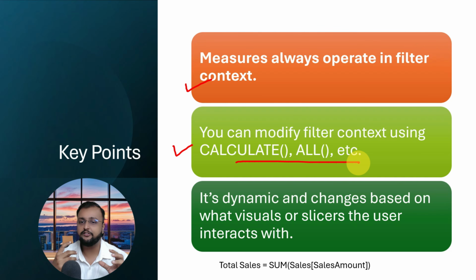At that time, you can use a function like ALL with CALCULATE, and this combination basically avoids the filter context effect from your measure. So basically it's fully dynamic and changes based on what visuals or slicers the user is interacting with. Okay, so this is all about the filter context.